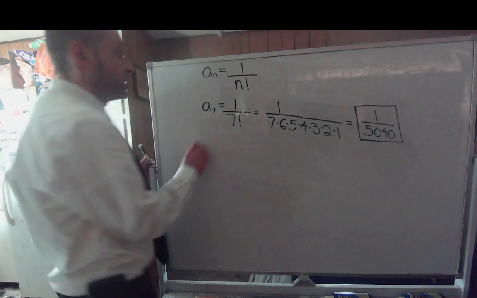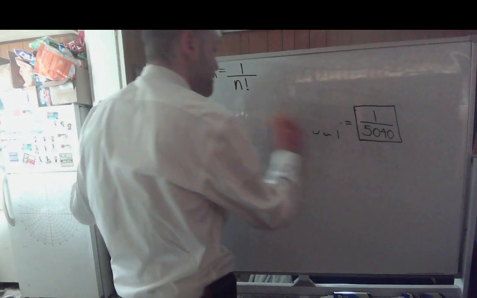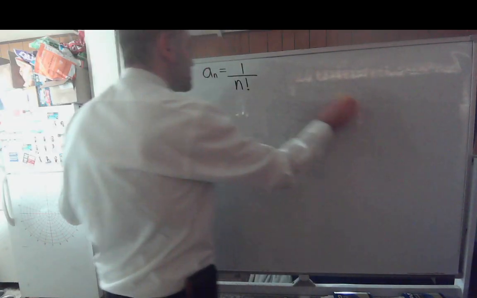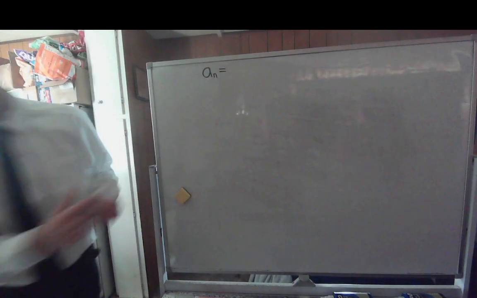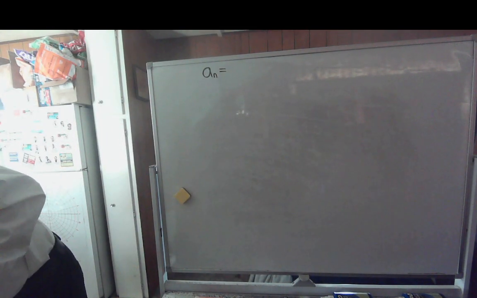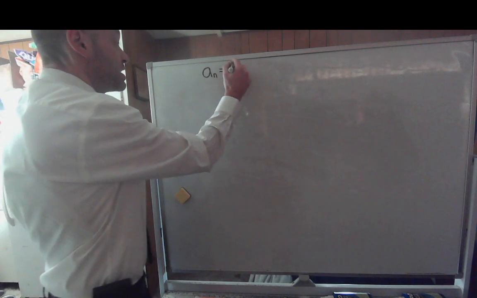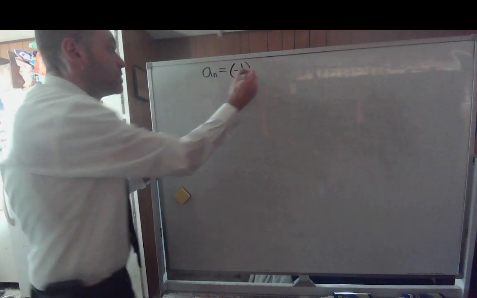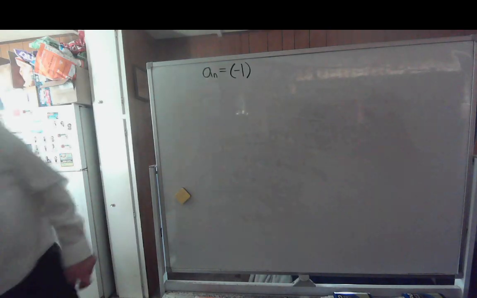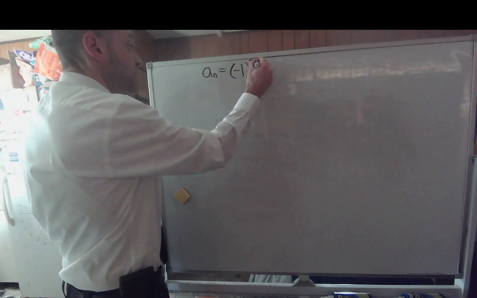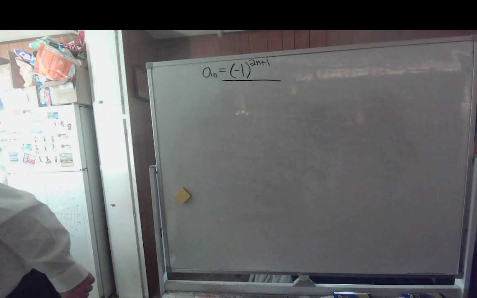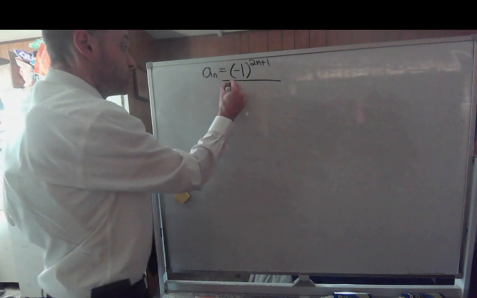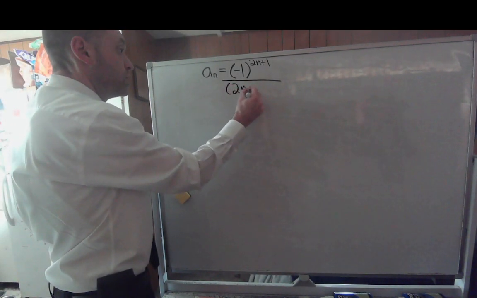Now, let's see here. Let's say you have something like -1 to the 2n plus 1 all over 2n plus 1, that quantity factorial.